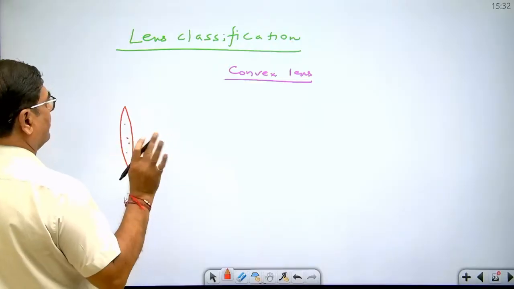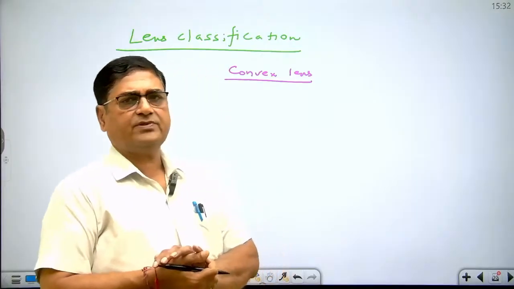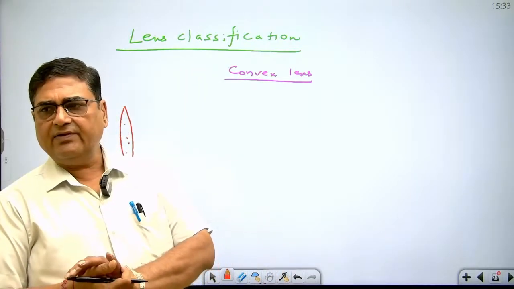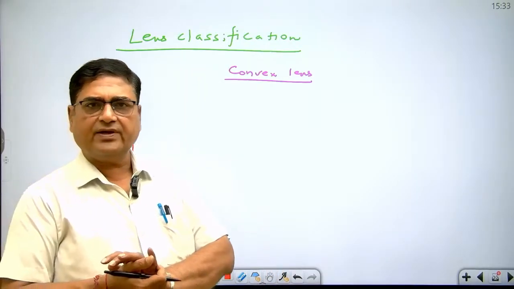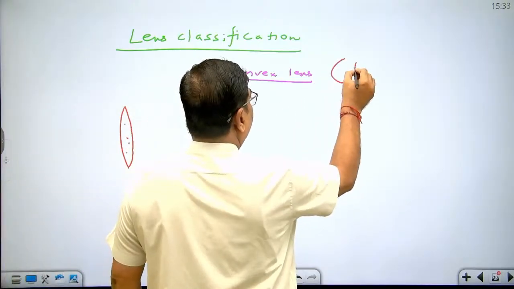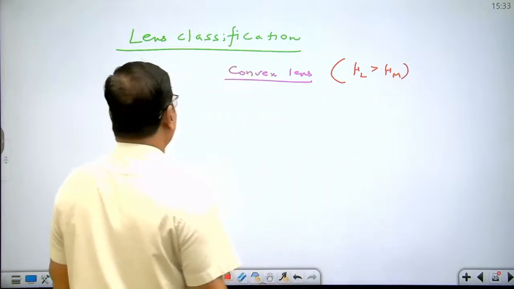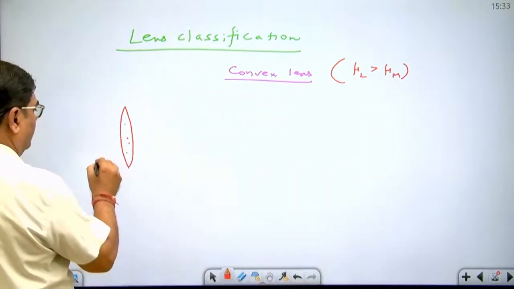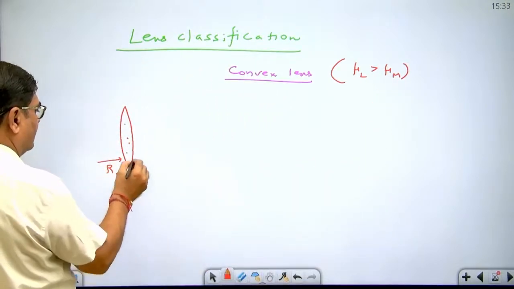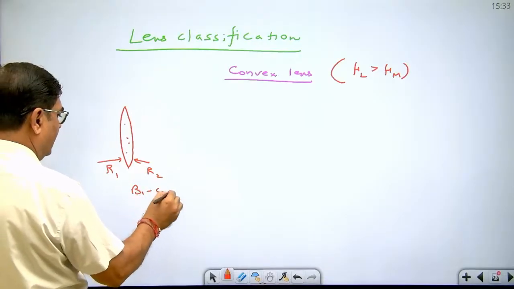We are discussing only the case where the refractive index of lens material is more than the refractive index of surrounding medium. This we have assumed everywhere now. When the radii of curvature of both surfaces are different, this type of lens is called a biconvex lens.